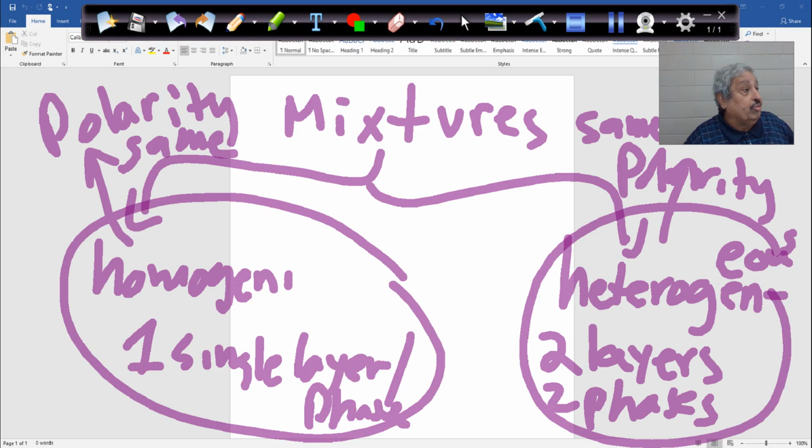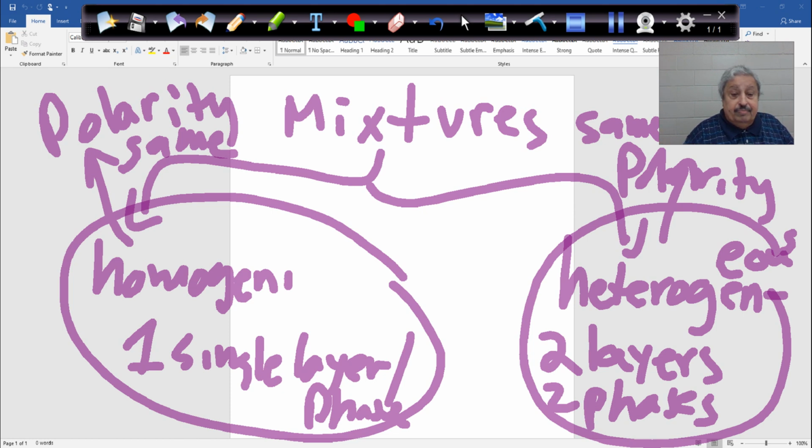We'll talk about what polarity means later on. But at least you will know that mixtures are made because of similar polarities, that's homogeneous, different polarities, that's heterogeneous. And in the heterogeneous, you can see two layers, correct?